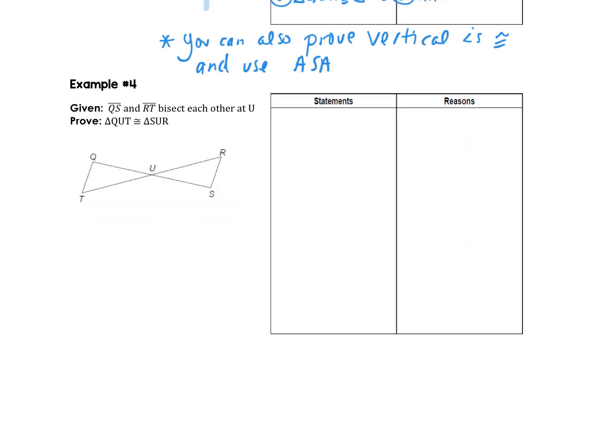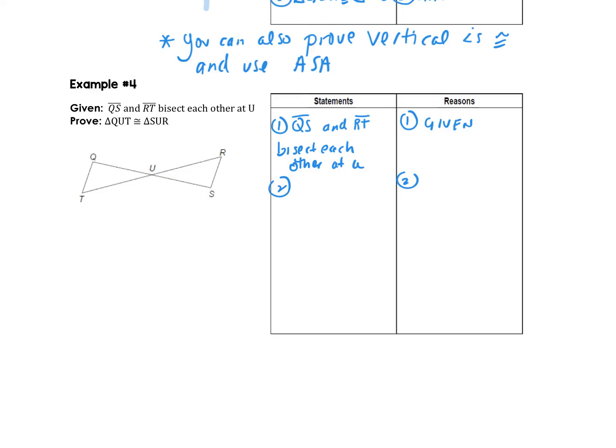All right, our last proof has just one piece of given information, but it's still enough to prove that our triangles are congruent. So it says that line segment QS and line segment RT bisect each other at point U. All right, so that's given. And in line 2, we're going to say what we can take away from that.